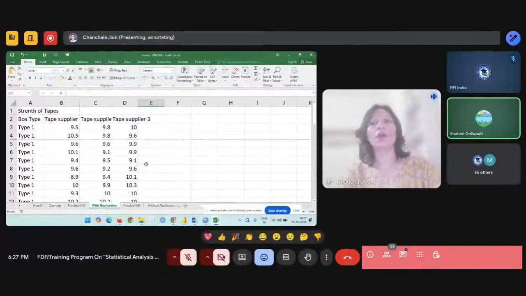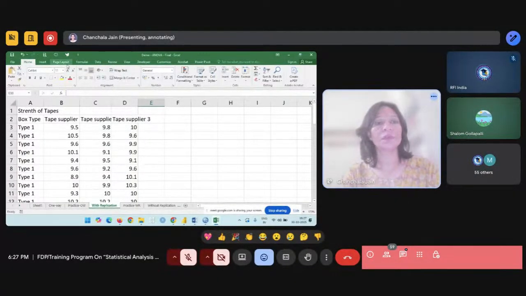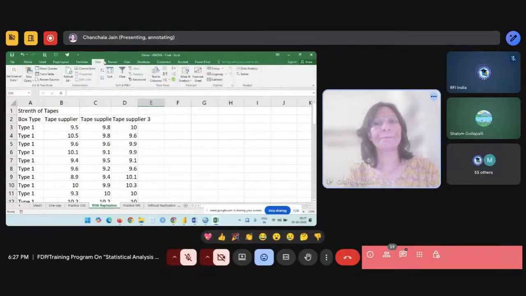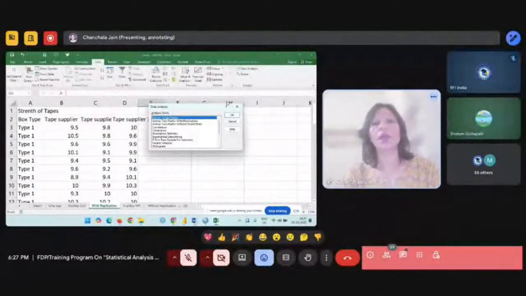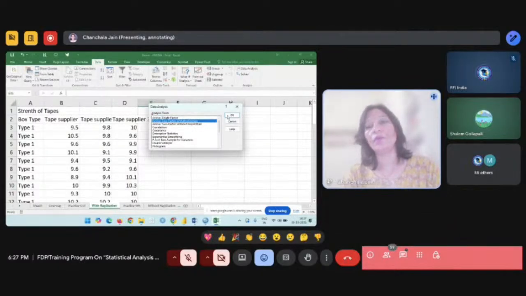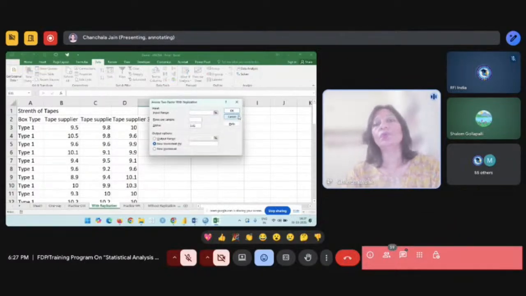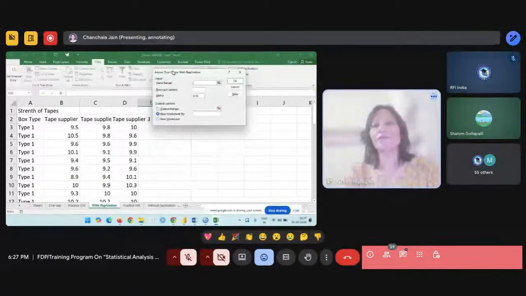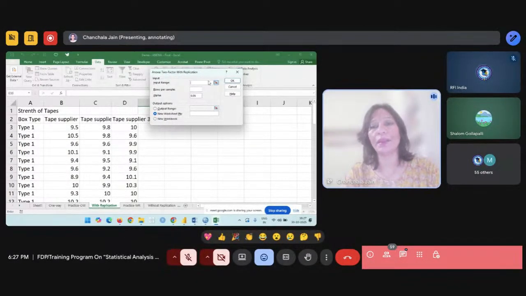Yeah. So now we will go to the data tab, analysis tool pack, and select the ANOVA 2 factor with replication, right? We'll click on OK. You can see in this, firstly it is asking me for the range of my data.